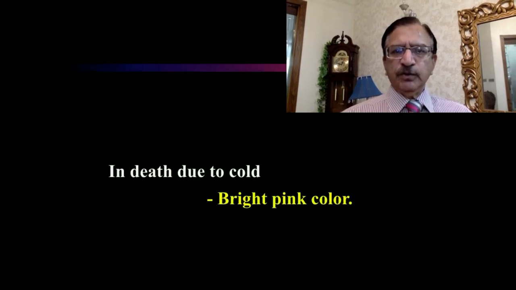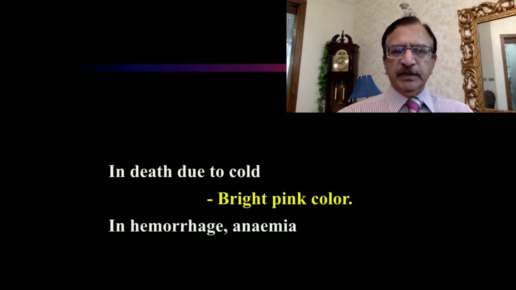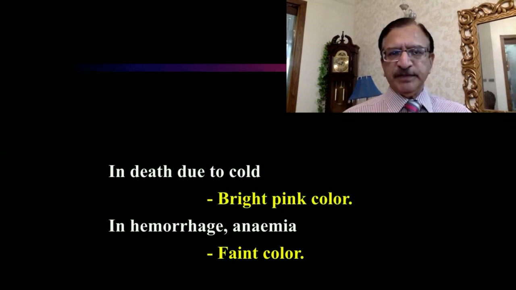In death due to cold, as in extreme hypothermia, optimum temperature for metabolism is required, but in lower temperature, the metabolism will not be going on and oxygen will not be utilized, and the blood will remain brighter. So bright pink color is due to hypothermia. Then in hemorrhage or anemias, there are faint traces of postmortem staining.